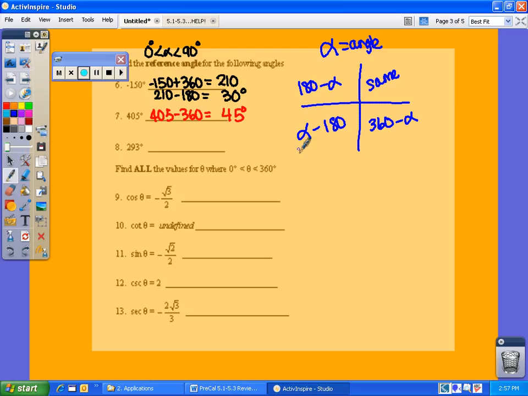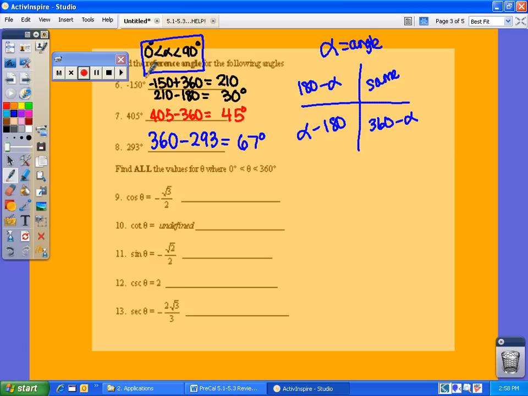And 293 is not in the third quadrant. It is in the fourth quadrant. So we actually have to subtract the 293 from 360. And you get 67. Woo! Don't let things happen like that. Remember, reference angles must always be between 0 and 90.